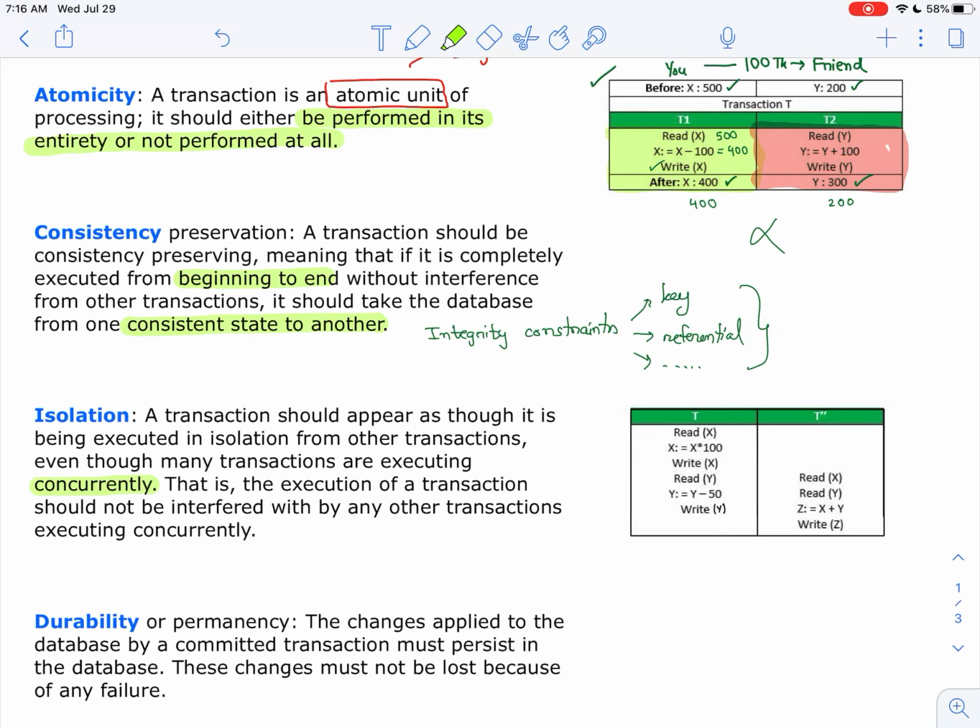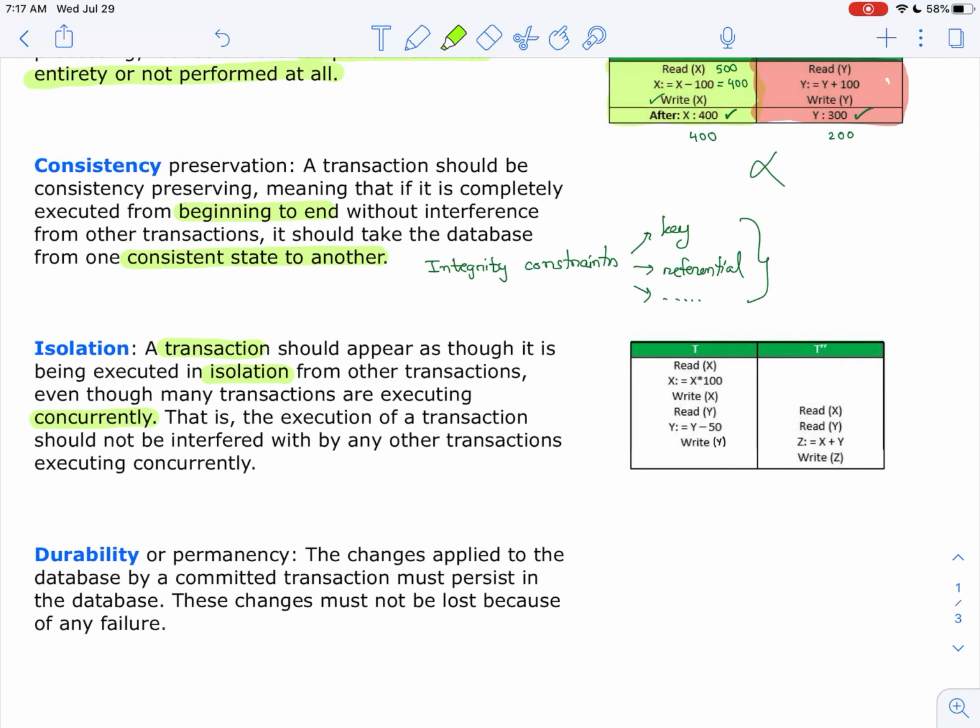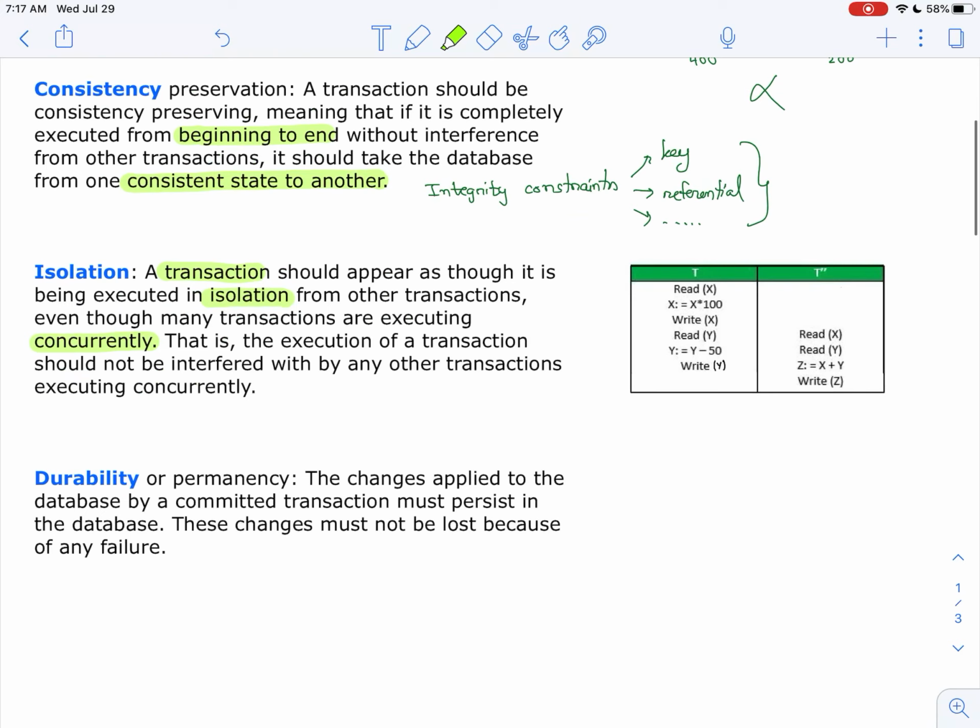That is, the execution of a transaction should not be interfered with by any other transactions executing concurrently. A transaction must behave as though it is being executed in isolation. We know that in a database management system we can have multiple users accessing the database at the same time, as in the case of an airline reservation system.